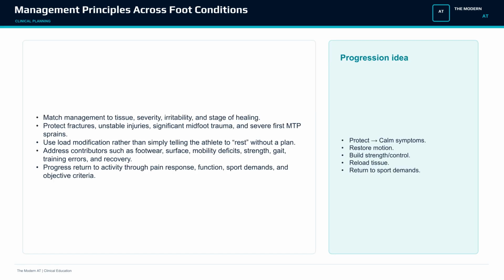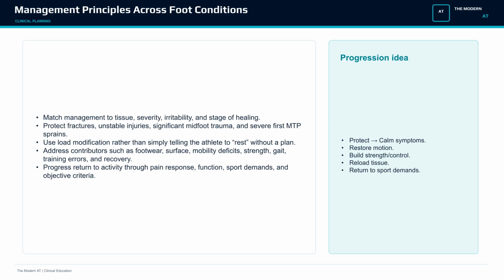Management across foot conditions should match the involved tissue, severity, irritability, and healing stage. A suspected fracture, unstable first MTP injury, significant midfoot trauma, or infection concern is not managed like mild plantar fascia irritation or a footwear blister. A useful progression is protect, calm symptoms, restore motion, build strength and control, reload tissue, and return to sport demands.